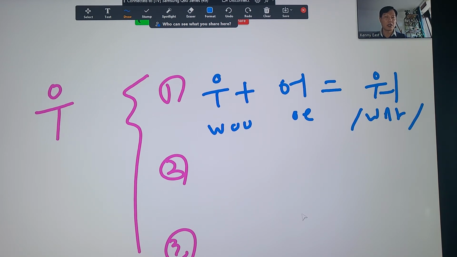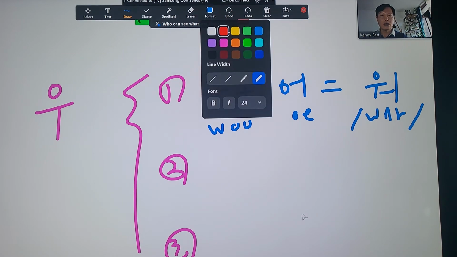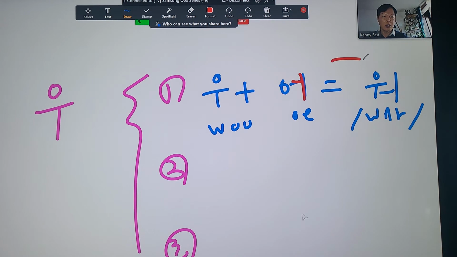Russian and Ukraine have a war now, right? So 워, making 워. As you can see, the sound you add is on the right hand side, making 워. So this one is written top to bottom, left to right.